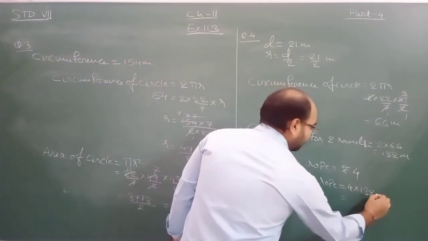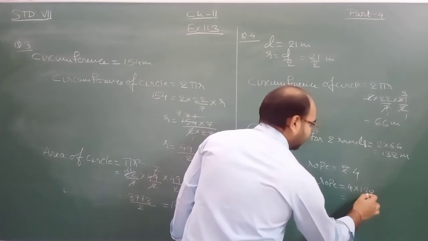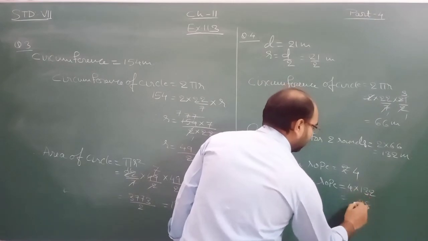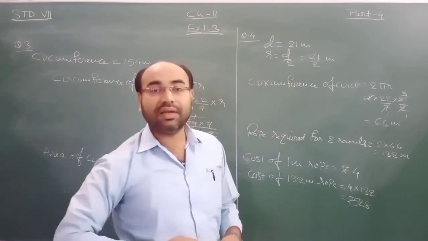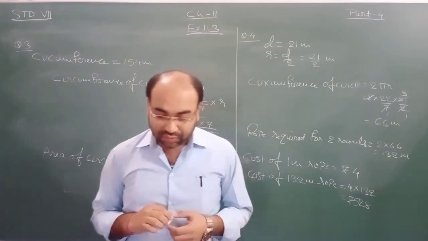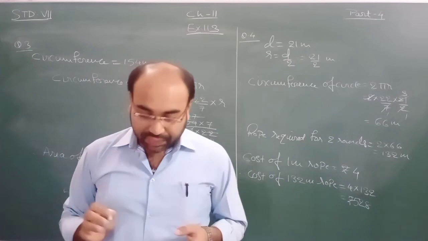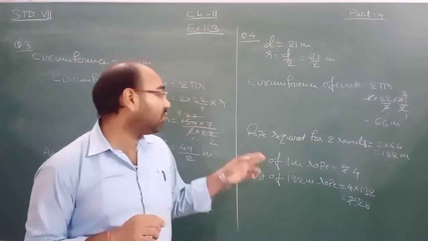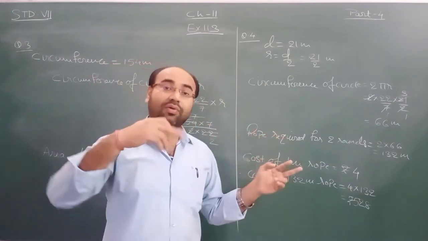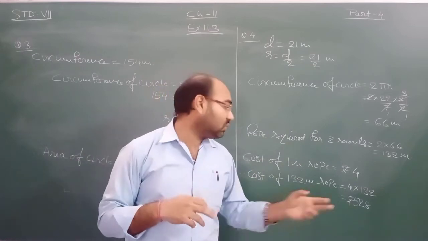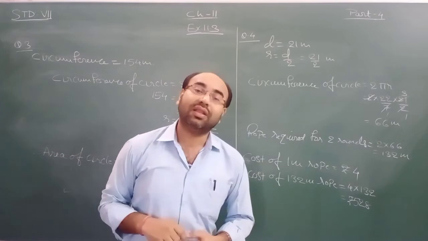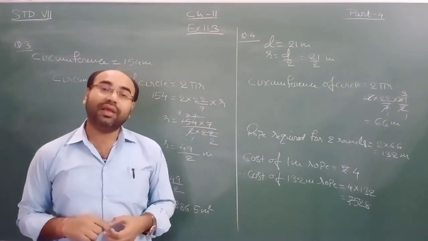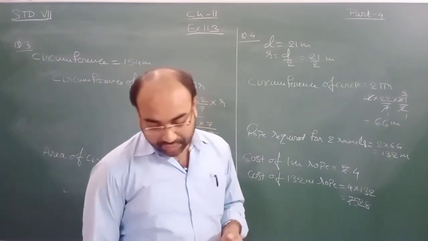So that will come to 4 twos are 8, 4 threes are 12, 1 plus 4 ones are 4 plus 1, 5. So it will come to rupees 528 as the cost of rope that will be needed for 2 rounds. We have to put 2 rounds of rope if we are fencing. So total 132 meter rope will be required, and the cost will be 528 rupees.